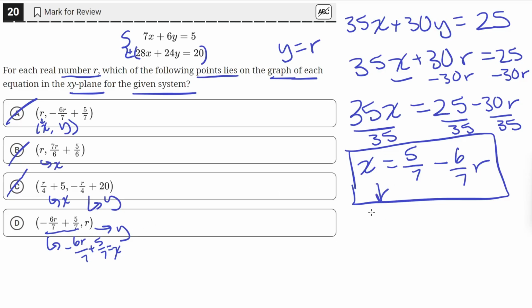So we get the appropriate value of x when we plug in the value of y that we're given in the coordinate. So that means that only this point can lie on both of these equations here, because the other 3 points did not satisfy both of the equations. So D is the correct answer.